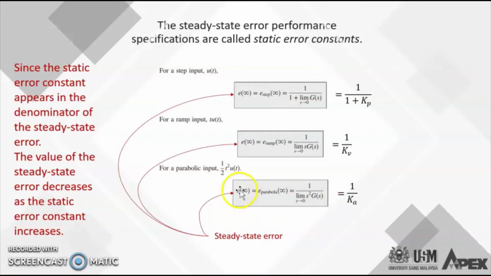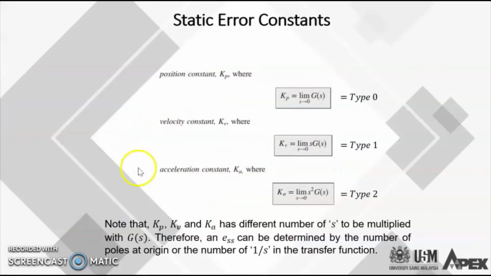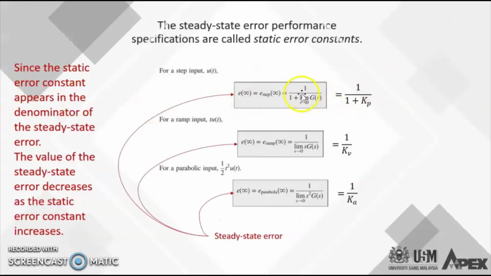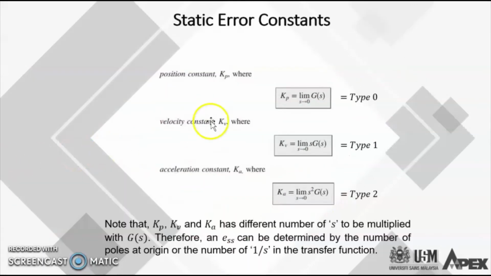ESS, the steady state error, will decrease once this constant is increased. It's the opposite way: increase, decrease. So this is what we have equated before: Kp is equal to this, Kv this one, and Ka that one.